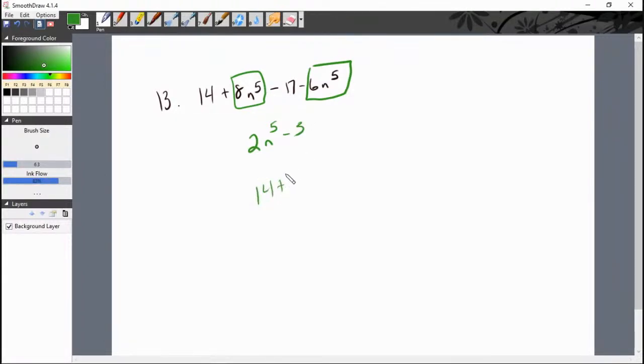So you could even rewrite this, really. Well, you know what? Let's not do that because I don't want to make it too complicated.